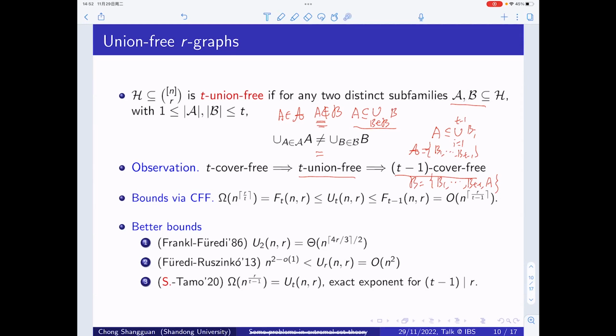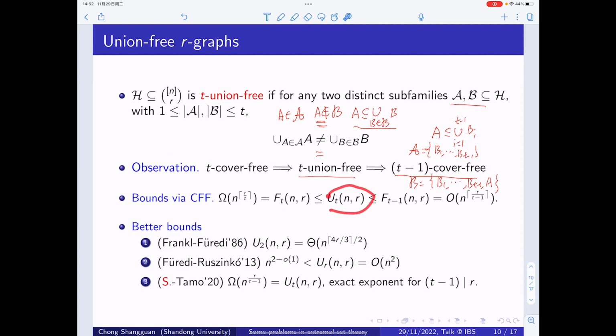Therefore, based on this observation, the known upper and lower bounds of F_t(n,r) give the following upper and lower bounds on U_t(n,r), the maximum size of an n-vertex t-union-free r-graph. So we have F_t(n,r) is at most U_t(n,r), which is in turn at most F_{t-1}(n,r).